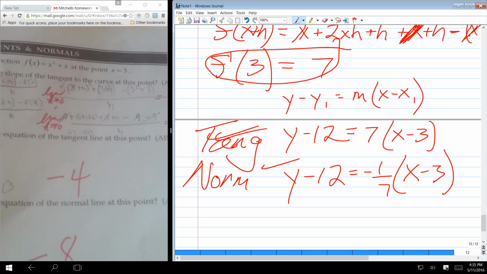That's why I say that it's really unfair for her to take 8 points off there. Because there's no work. As long as you know the relationship between the slope of the tangent line and the slope of the normal, then the answer is the problem itself, right? In other words, the only thing I did was change 7 to a negative 1/7. It's the only thing I did.